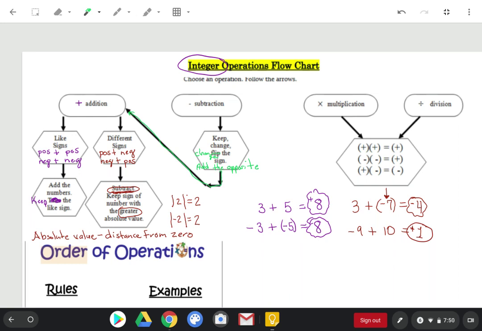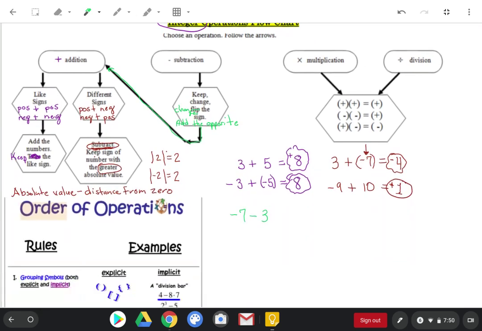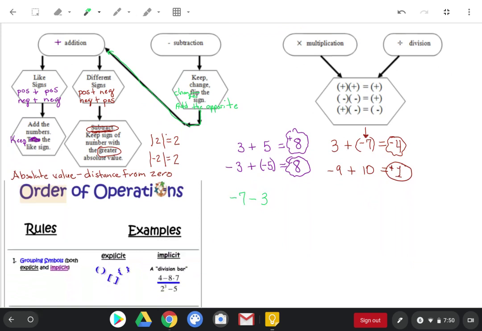So for instance, if I have -7 minus 3, I'm supposed to add the opposite or keep the -7 just like it is, change the subtraction to addition, and change the +3 to a -3.